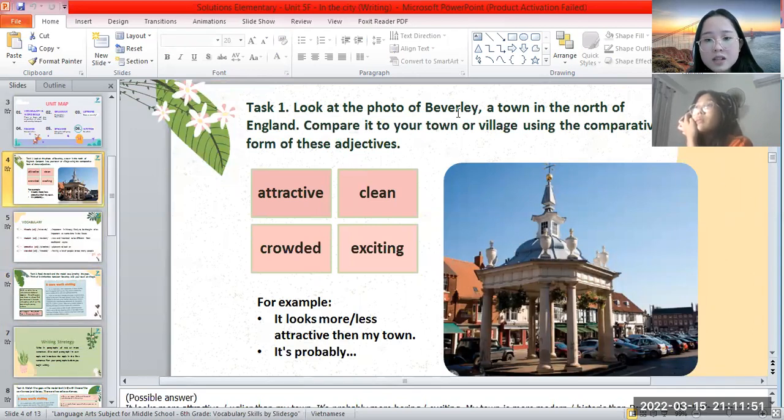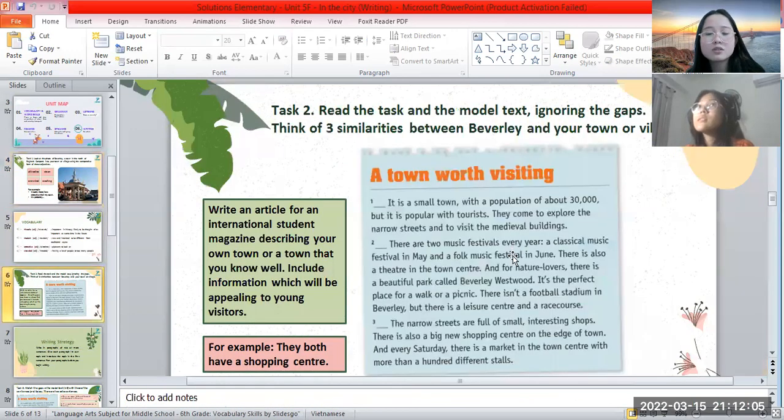Yes. This one you compare your town and Beverly, using different adjectives, like more attractive. That is the difference. Now you have to find similarities.